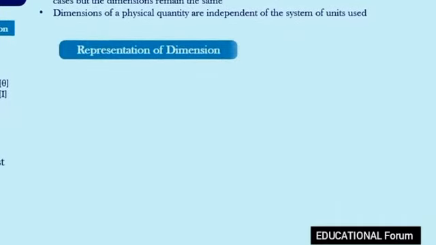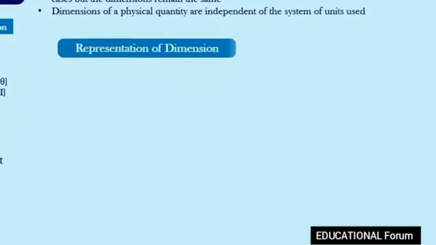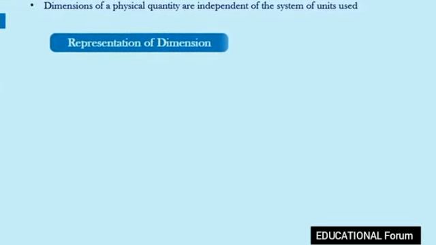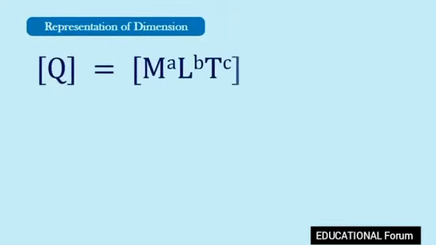Now let us discuss how to represent dimensions. Considering the dimensions of a physical quantity Q is A in mass, B in length, and C in time, we can express it in the following manner. Q equals [M^A L^B T^C]. Remember, dimensions are the powers to which fundamental units are raised.